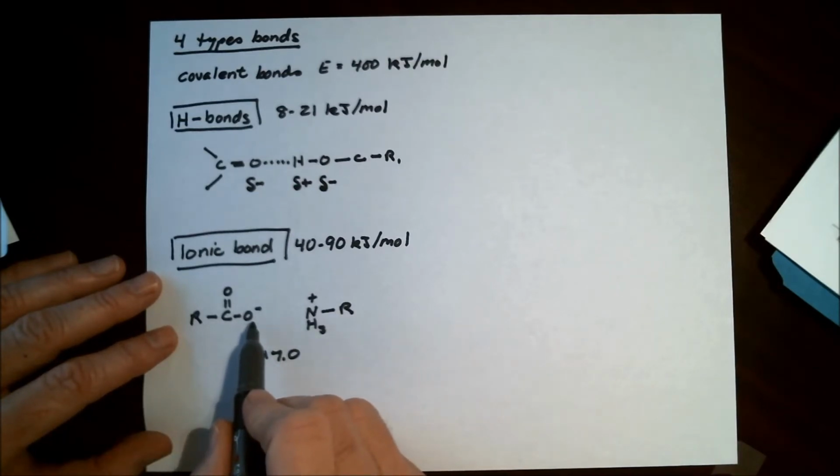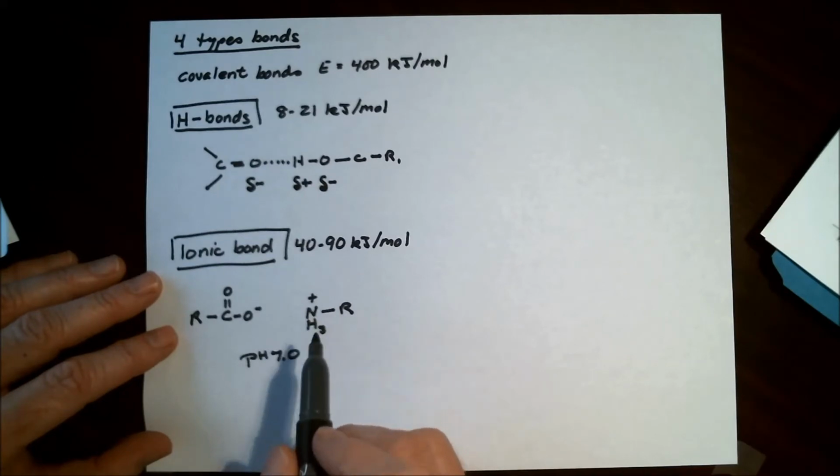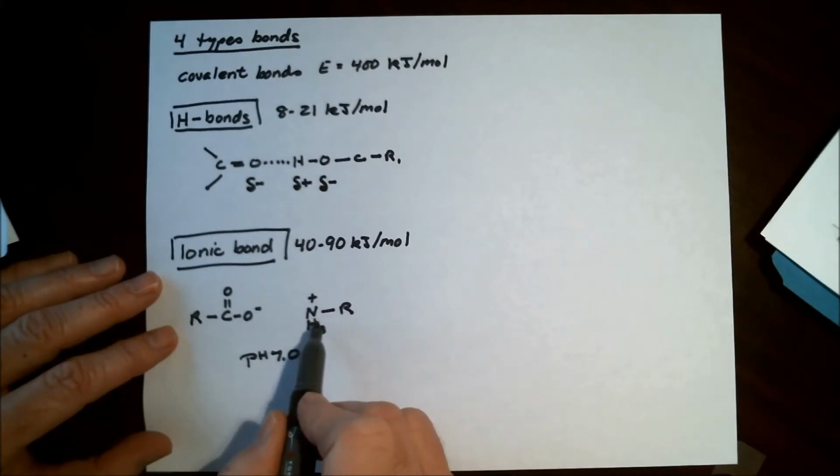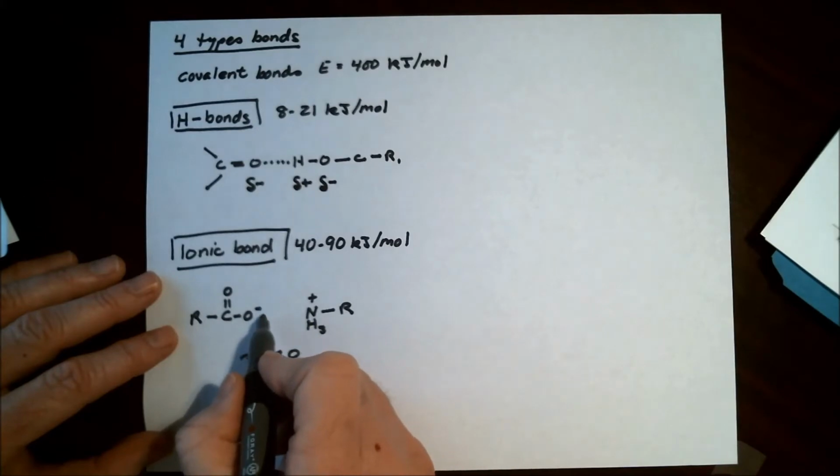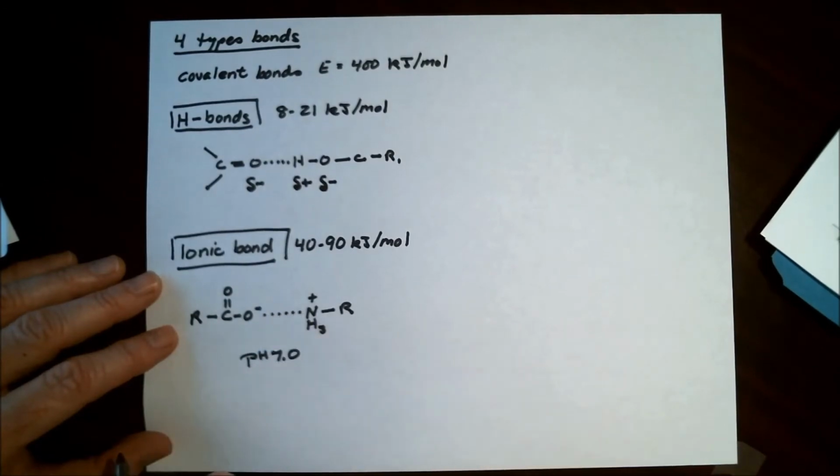It'll be deprotonated. The primary amine will be protonated, giving it a positive charge, and so these two can form an ionic interaction.